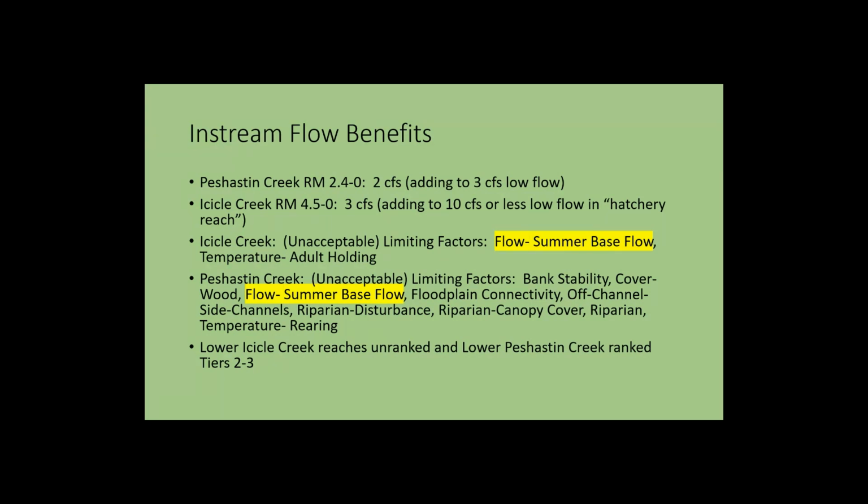But because there's some missing data, it's technically unranked. So it's disappointing not to be able to access some of those points. But I think we all know it's important to improve in-stream flows in Lower Icicle Creek.